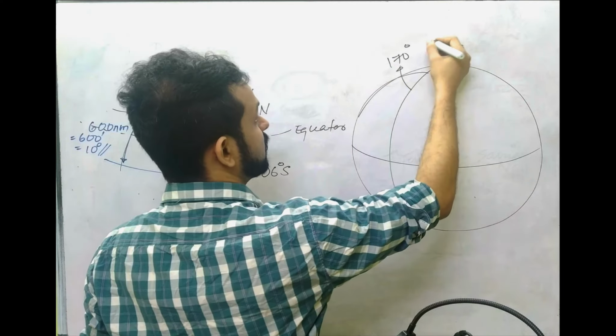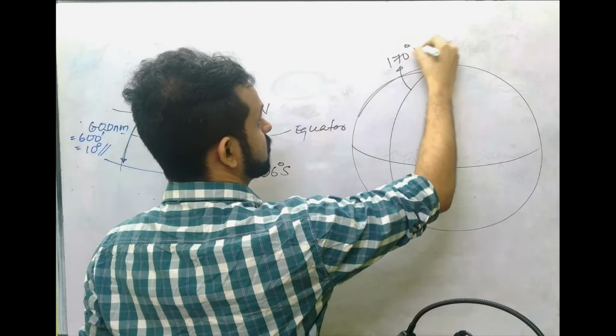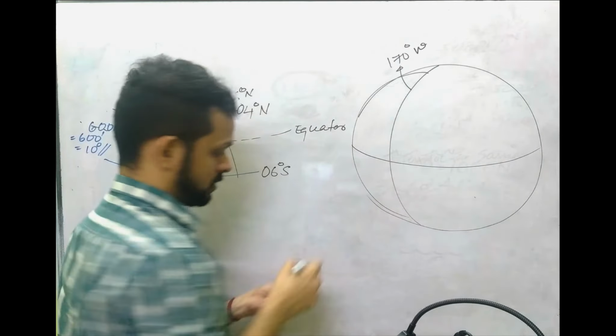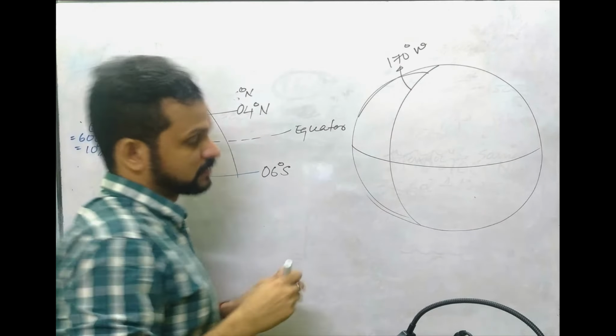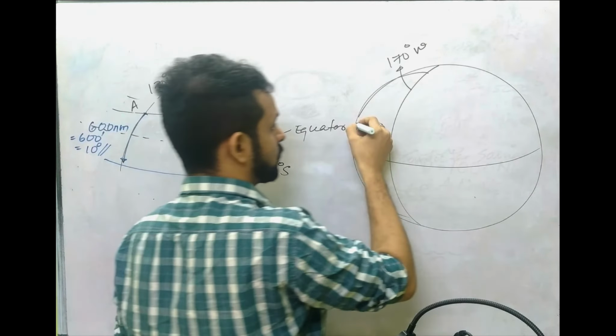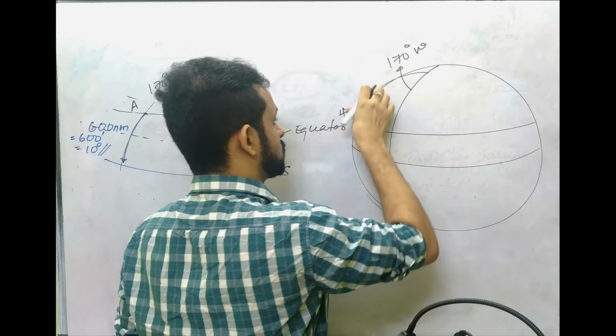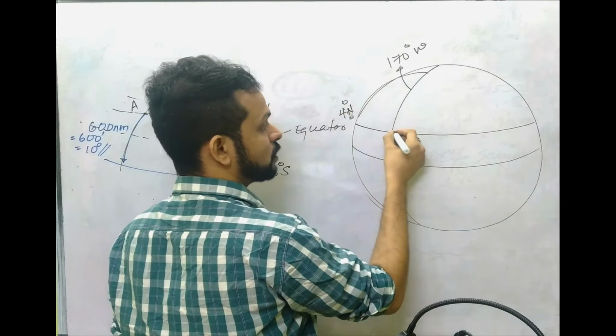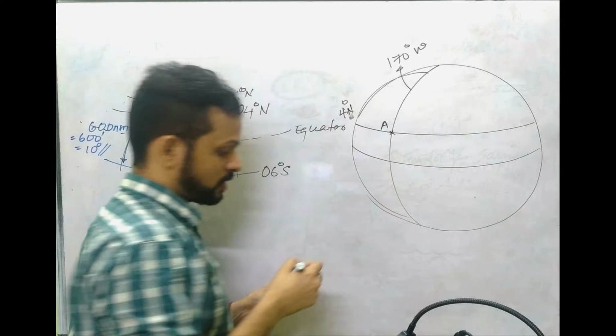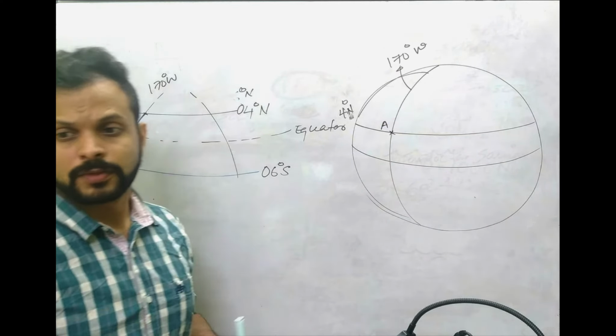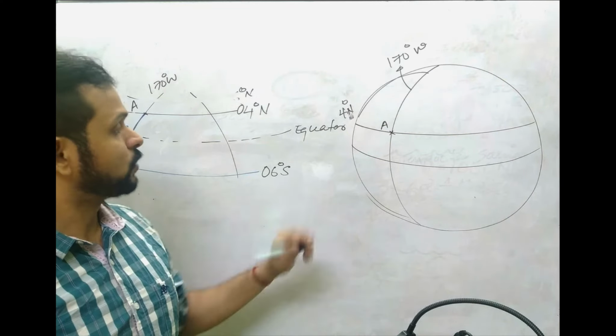This is 170 degrees west, right? And I'm initially on 4 degrees north, which is somewhere here. So 4 degrees north, this is point A, and from point A I'm traveling south by 10 degrees.